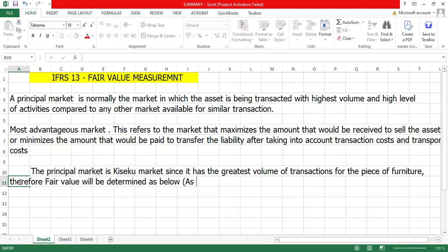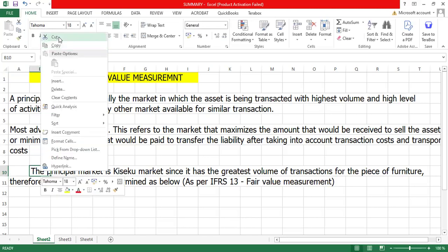You say as per IFRS 13, that is fair value measurement. Remember, as you answer, at least you need to bring the standard. You need to bring a standard in your statement.